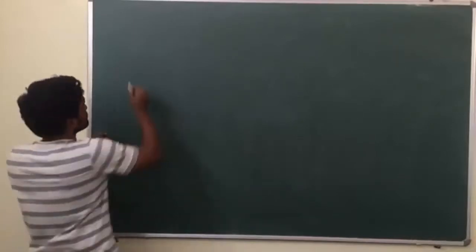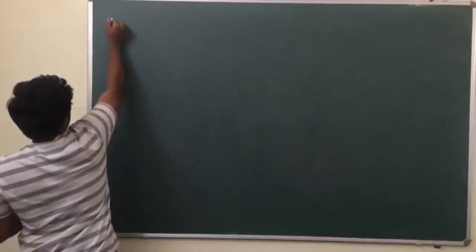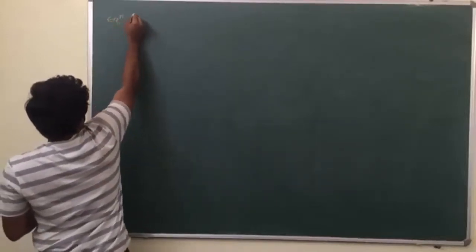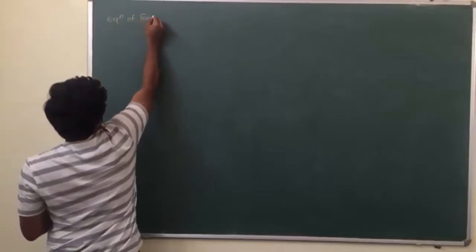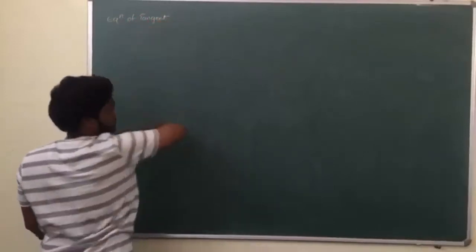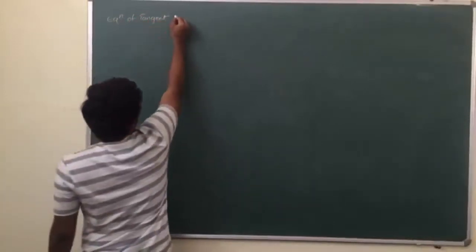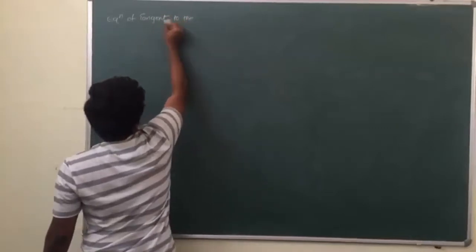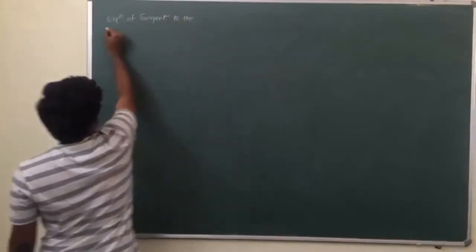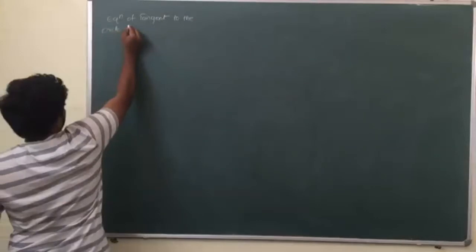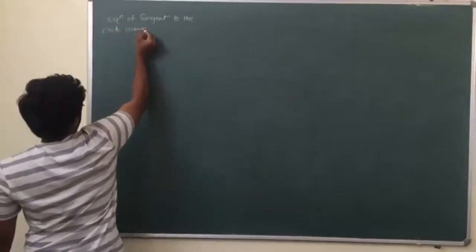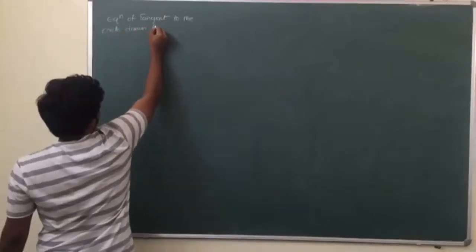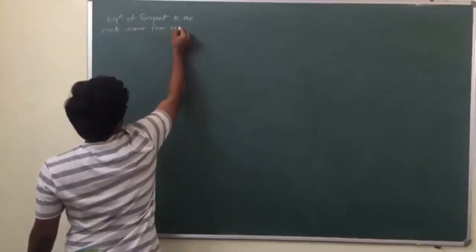Now, finding the equation of tangent to the circle drawn from an external point.